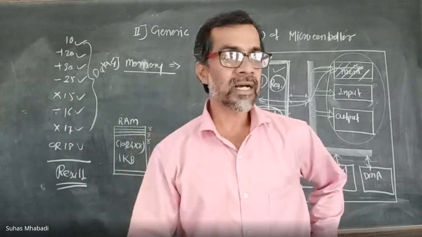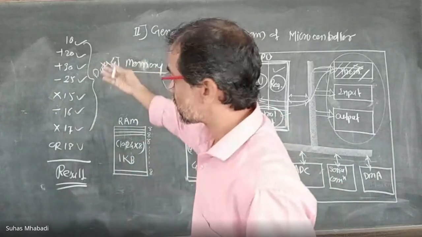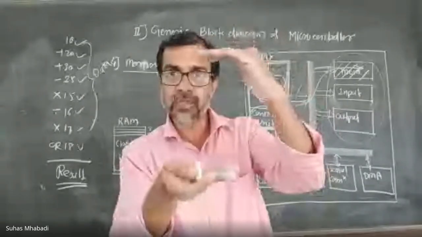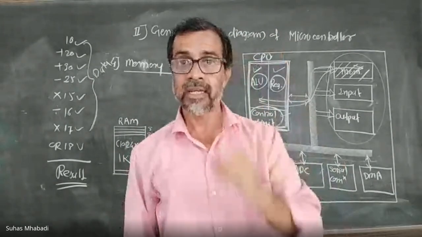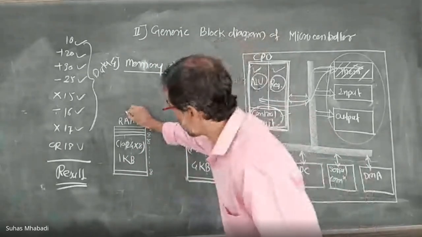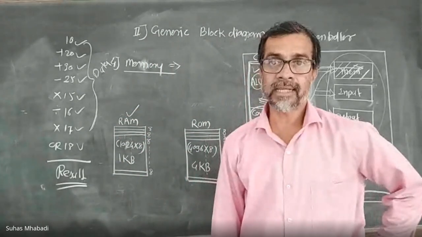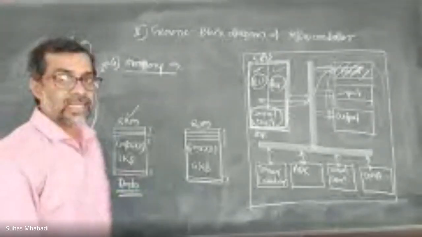Now that data may vary. I may use 10, 20, 30, 40, and somebody may use different data. So that data must be stored somewhere, and storing of that data is done in one memory. That memory is called RAM memory, random access memory. Here we have to store content called data.